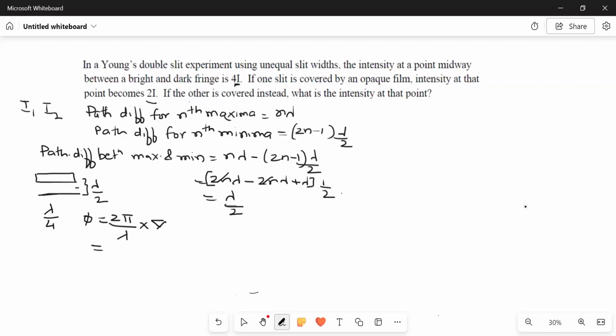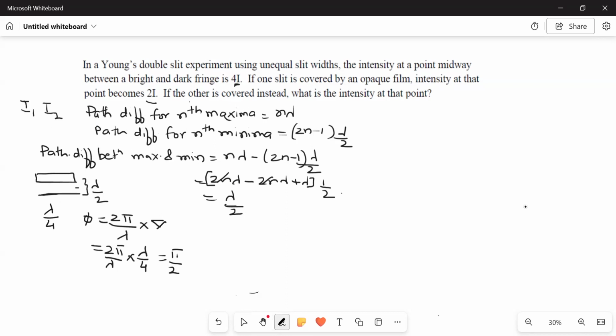So we get 2 pi by lambda into lambda by 4, or we get pi by 2. So pi by 2 is the phase difference between the maxima and the point, or the minima and the point.